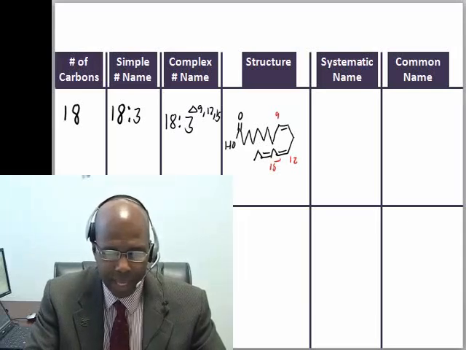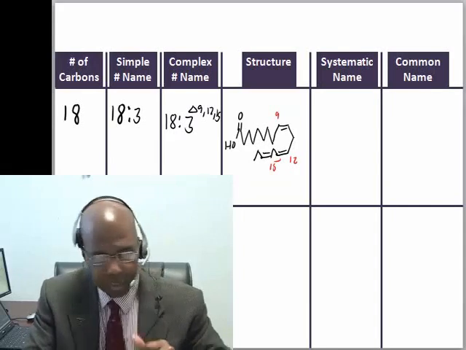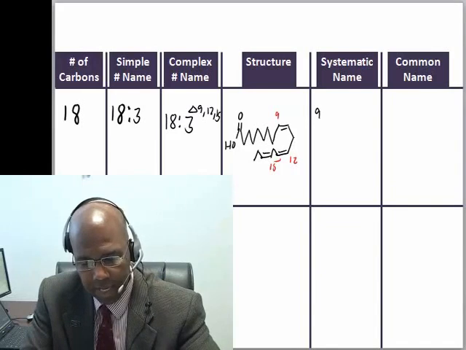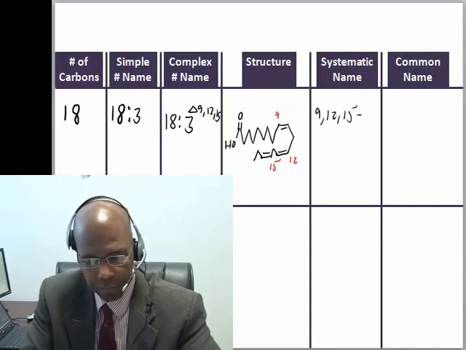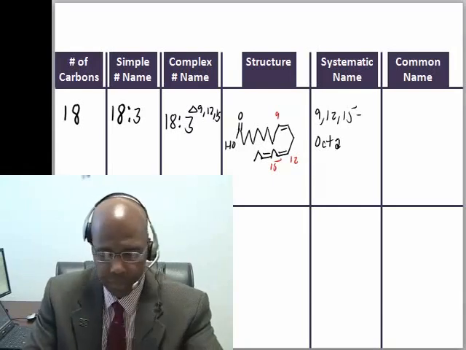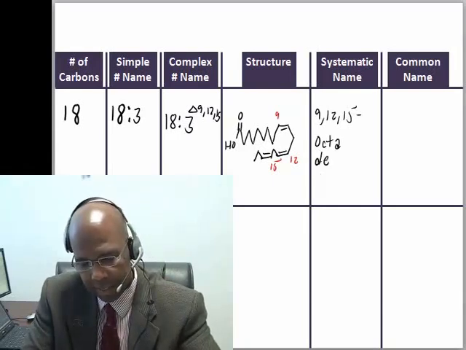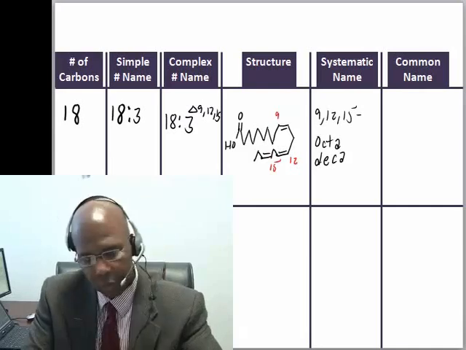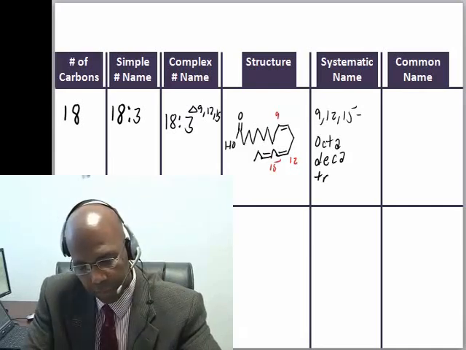So the systematic name of this one is going to be 9, 12, 15, octadecatrienoic acid, because 8 is octa, deca is 10, so that's 18, octadeca, tri, and E N because it's an alkene.